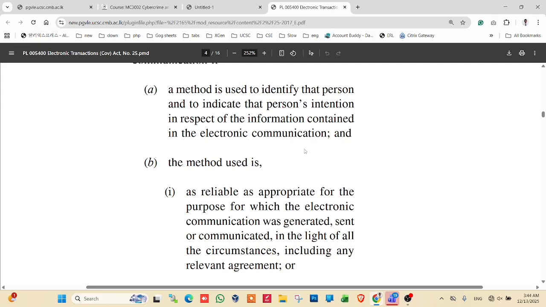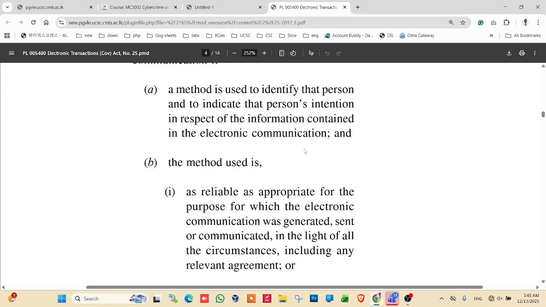So we are talking about a digital or electronic signature, as long as it fulfills the conditions of A. Reliable, appropriate purpose comes after. Unless the method is used to identify a person and his intent, it's not necessarily a valid construct. Is that idea clear? Okay.